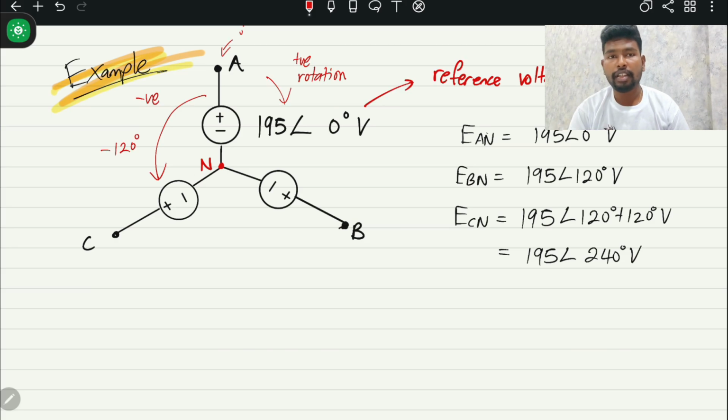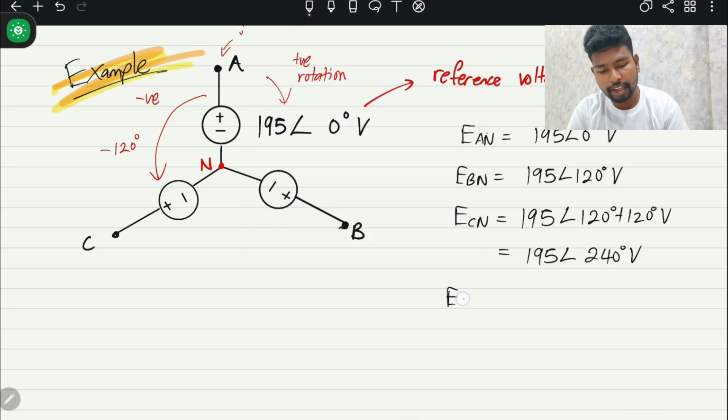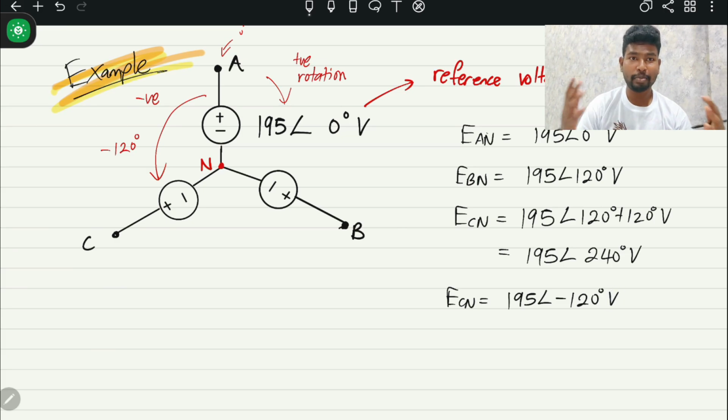So the negative angle, the angle will be negative 120. So in this case, ECN can be also written as negative 120 degree voltage. See, simple as that.